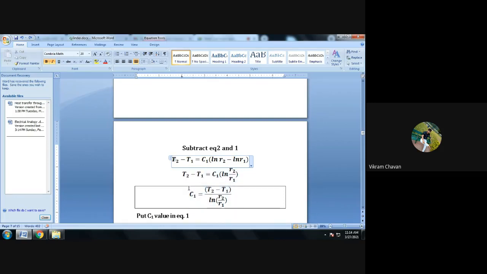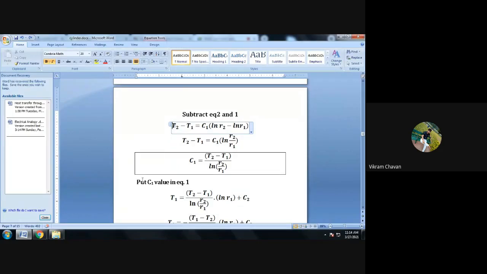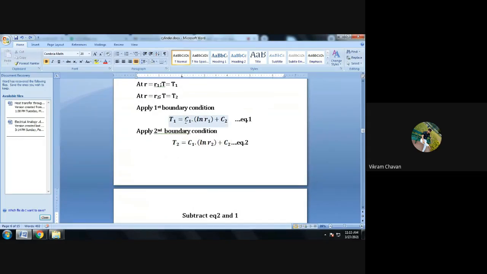Then further, put this C1 value in one of the equations, number 1 or 2, to determine C2. So for that reason, we are putting C1 in equation 1. Our equation number 1 is T1 is equal to C1 multiplied by ln of R1 plus C2.